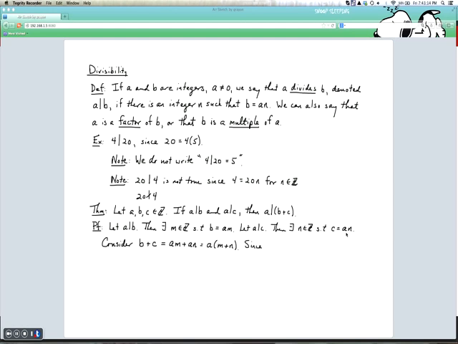So since M plus N is an integer, what we're basically saying here is I've taken some integer multiple of A, and gotten B plus C, which means A divides B plus C.